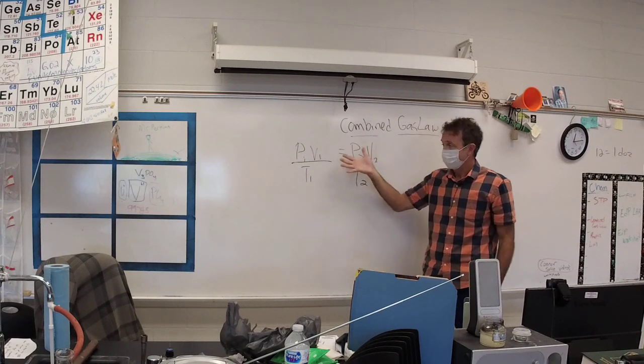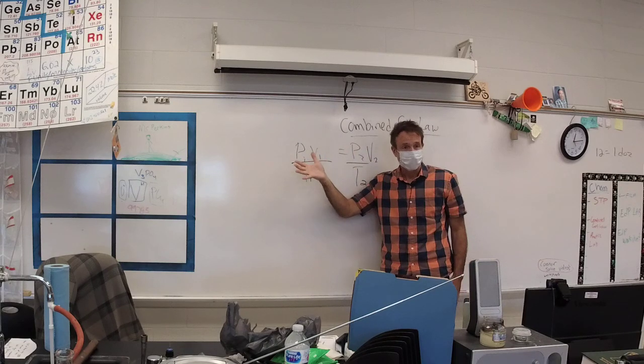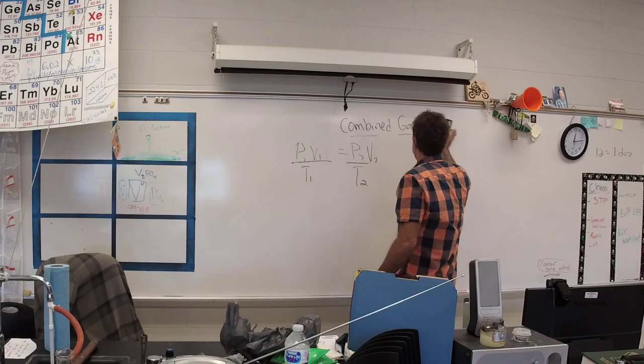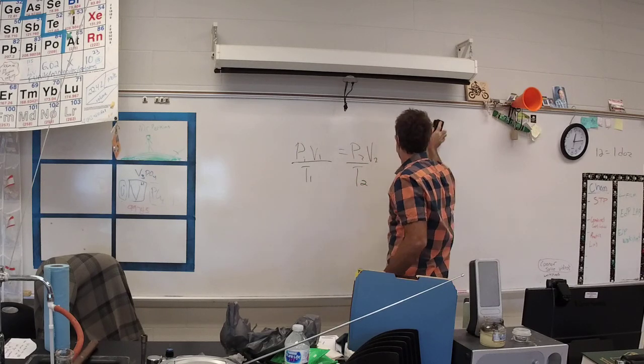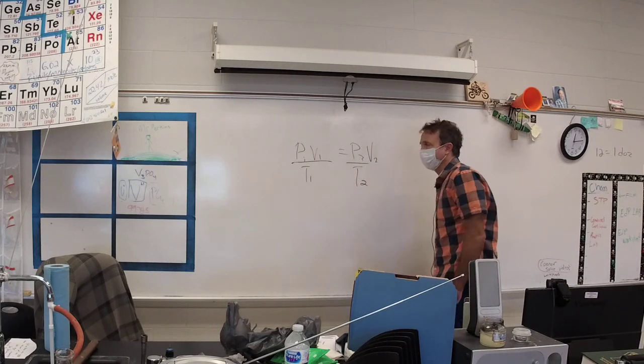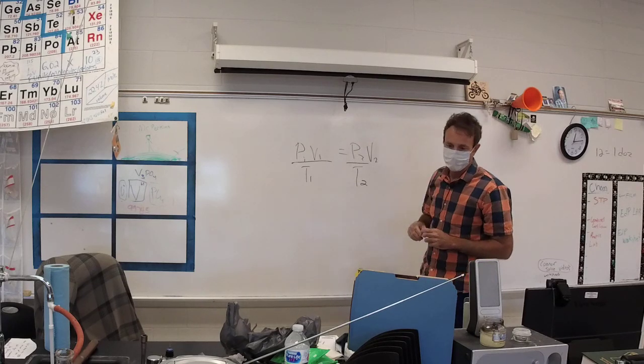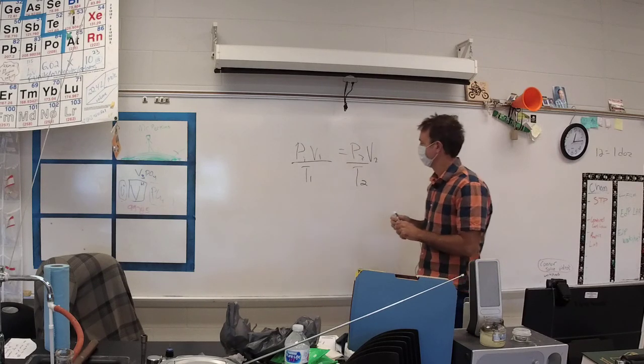Now, let's do one, just for the heck of it. You guys can watch me. I'll write it up here. All right? We'll talk about what happens to a balloon in this one. All right? I'm going to leave this right here on the board.